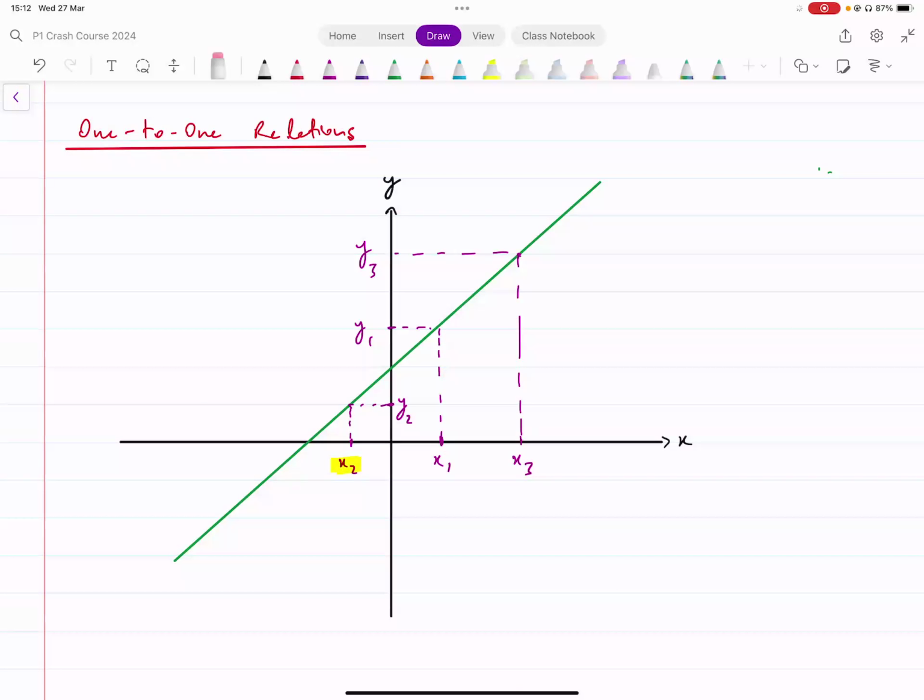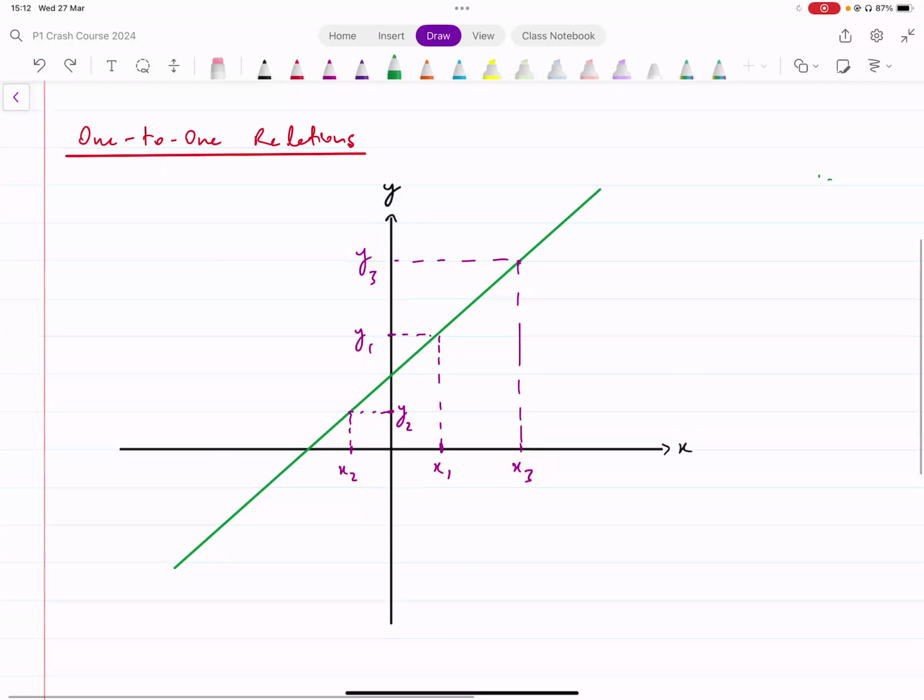And it's also true the other way around. For every single value of y, for example, this value of y, we have only one value of x. That's what one-to-one relations are. That for every value of x, we have one value of y, and for every value of y, we have one value of x. One x for one y, one y for one x. Okay, that's what a one-to-one relation is.